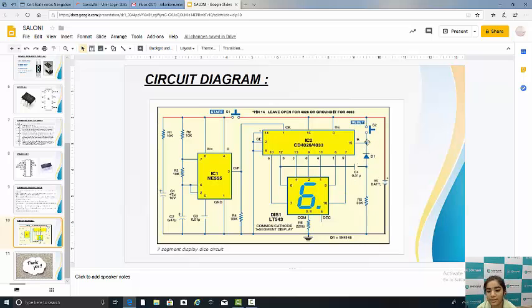The diode negative terminal is connected with a switch, and the first switch is between the 3rd and 15th pins, and the 15th pin is also connected with a diode. Now here we can see this is the positive terminal and this is the negative terminal. Here we have to apply a 9 volt DC power supply.